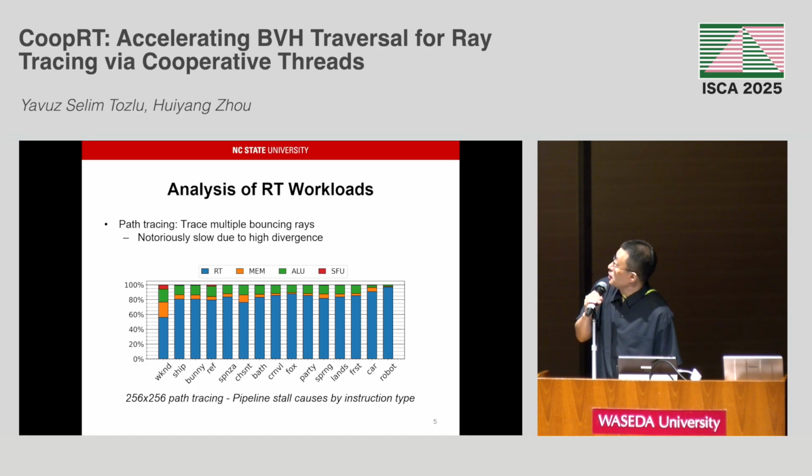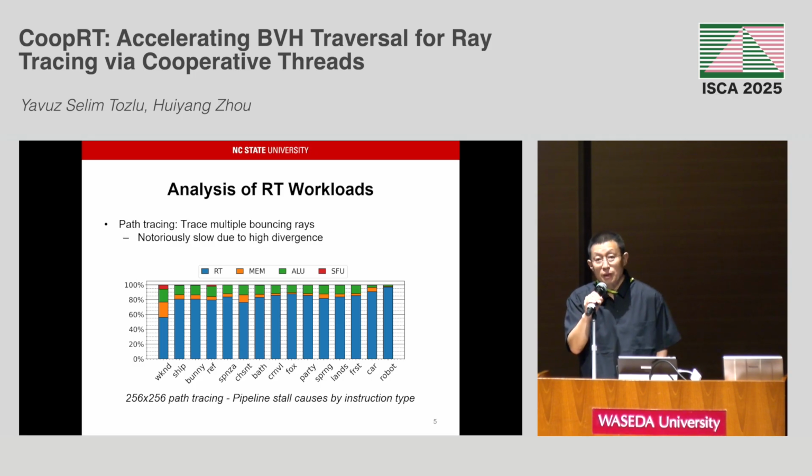This figure is about path tracing, which is one application of ray tracing. The idea is that when a ray reaches one object, it generates secondary rays, which keep bouncing around different objects until it reaches a preset number of bounces.